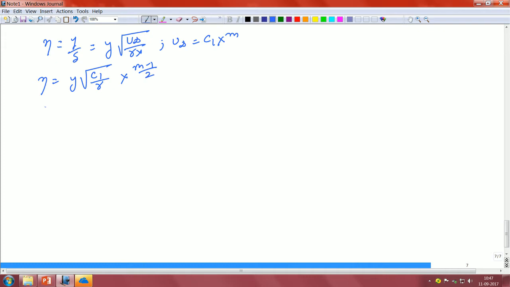Psi, which is basically the stream function, we already defined in the general case of suction and blowing.